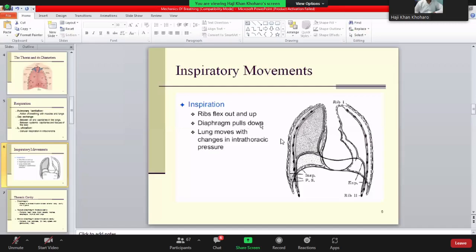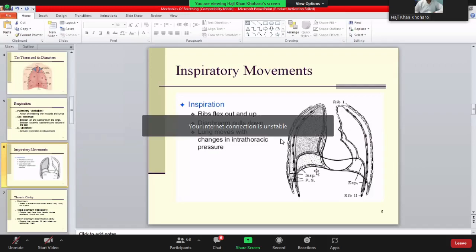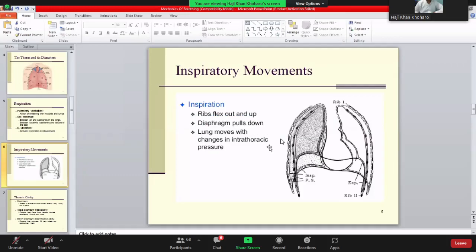This causes a negative intrathoracic pressure, and air moves from the atmosphere into the intrapulmonary space. Expiration occurs in the opposite direction. The ribs move outward and downward, and the diaphragm moves upward, causing lung contraction; the lungs are squeezed, so air moves outside.